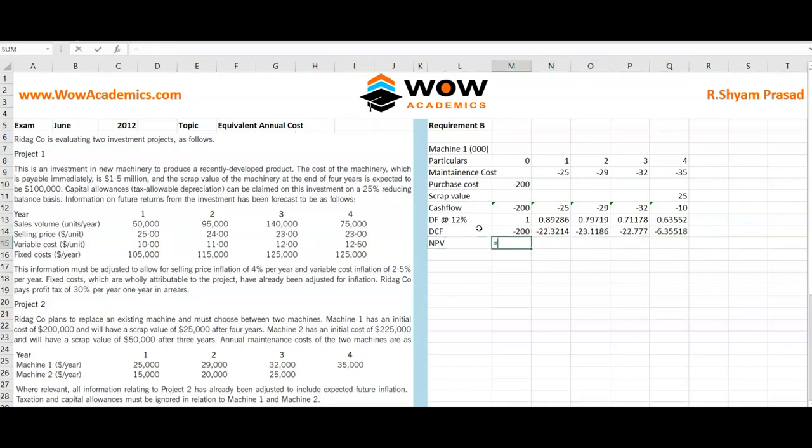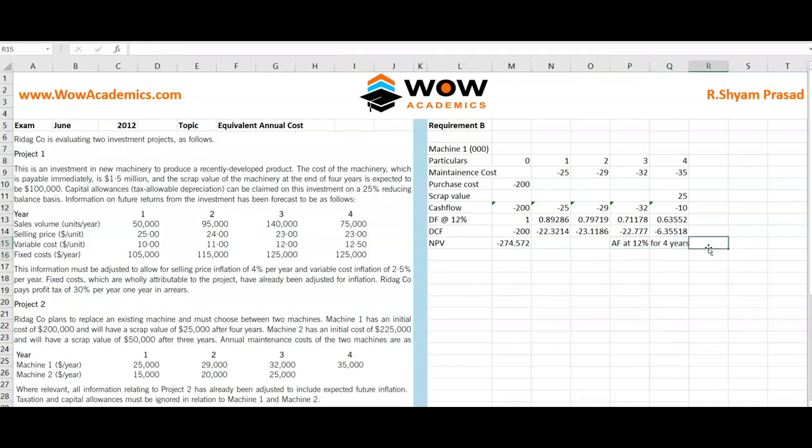NPV will be the sum of all these numbers. So we got NPV. Now I have to get the sum total of the discount factors, or we can just say that it is annuity factor 12% for 4 years.